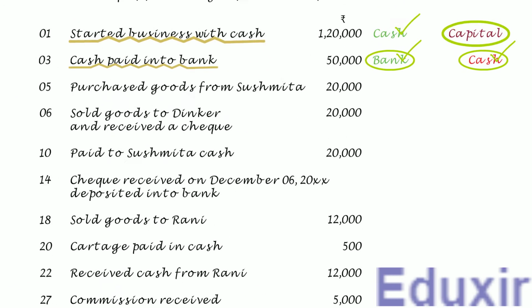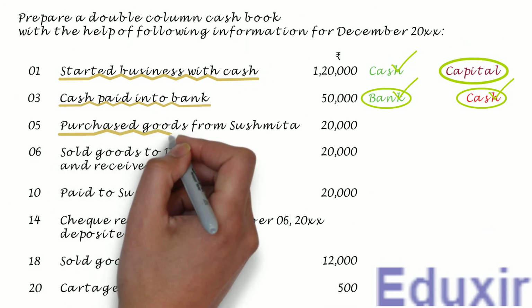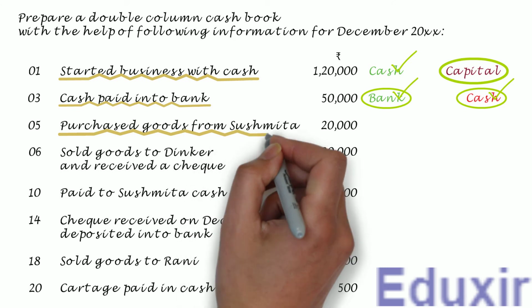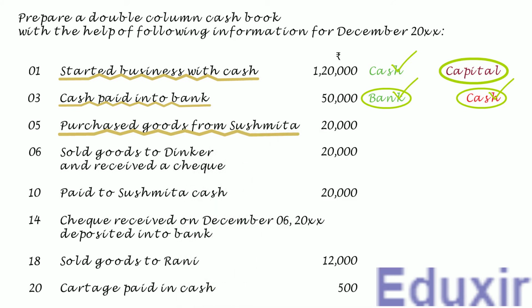In this transaction, the business has purchased goods worth 20,000 rupees from the vendor or supplier Sushmita. Note that in this case, it is not specifically mentioned that the goods are purchased for cash. Also, the vendor or supplier from whom the goods are purchased is given as Sushmita.